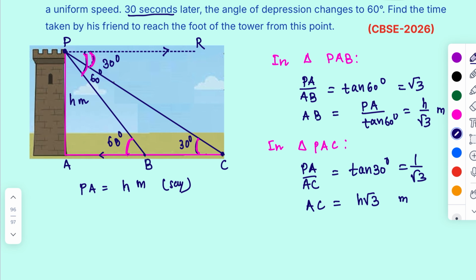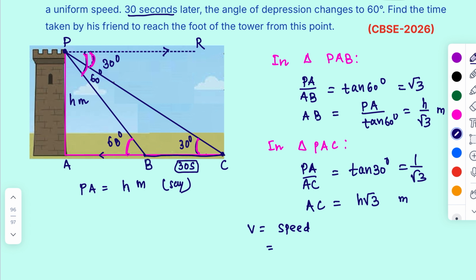Now his friend takes 30 seconds to travel from C to B. That means the distance BC is travelled in 30 seconds with a uniform speed. Let V be the speed of his friend.